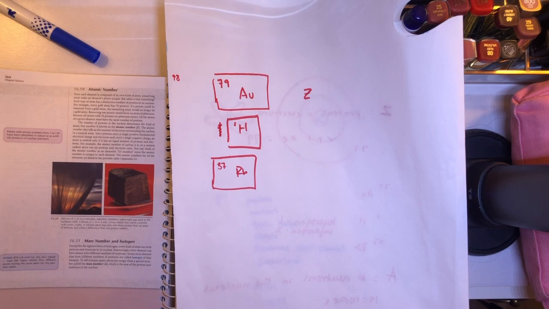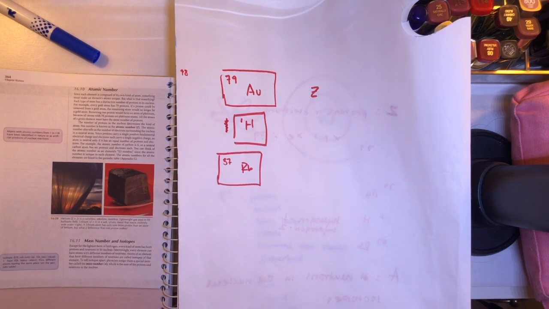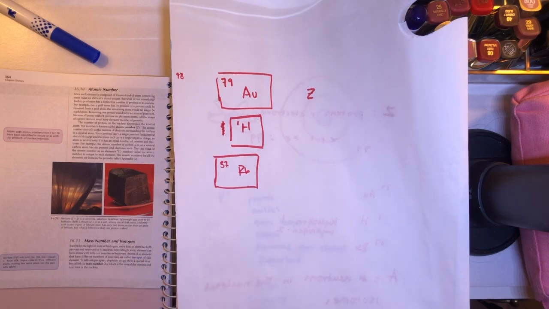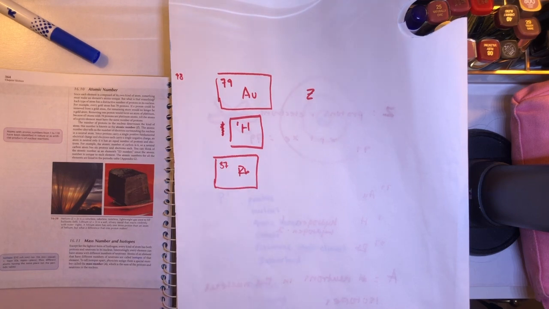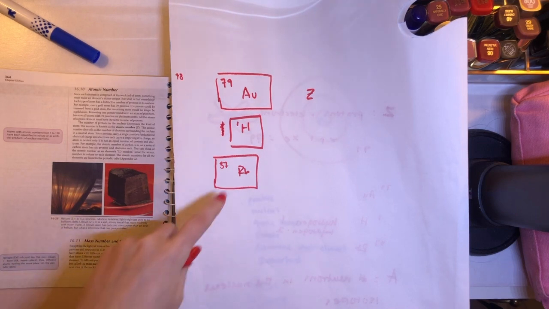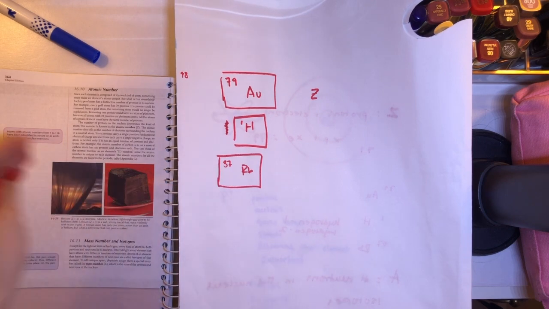But what I was saying was that the atomic number, which is the number in the top left corner, tells you how many protons and electrons are in that atom. They have to have the same number in order for the atom to be neutral. But I don't mean that that number is a sum of them.